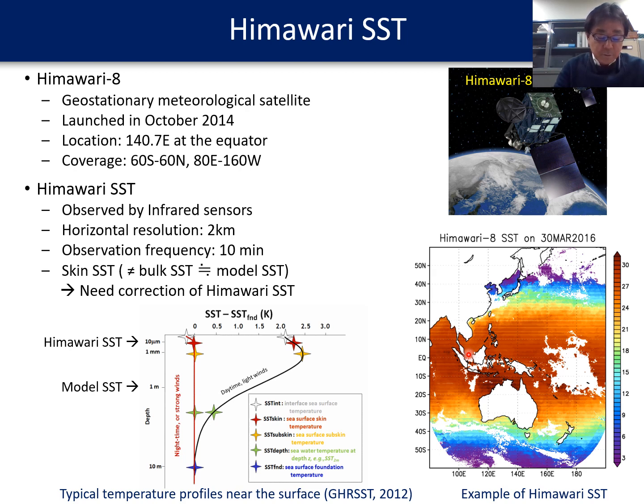So it should be noted that the skin SST represents water temperature typically at 10 micrometer depths, while the first layer of our assimilation model is located at 1 meter depth. And the model SST represents so-called bulk SST. So we need some correction to Himawari SST before data assimilation.